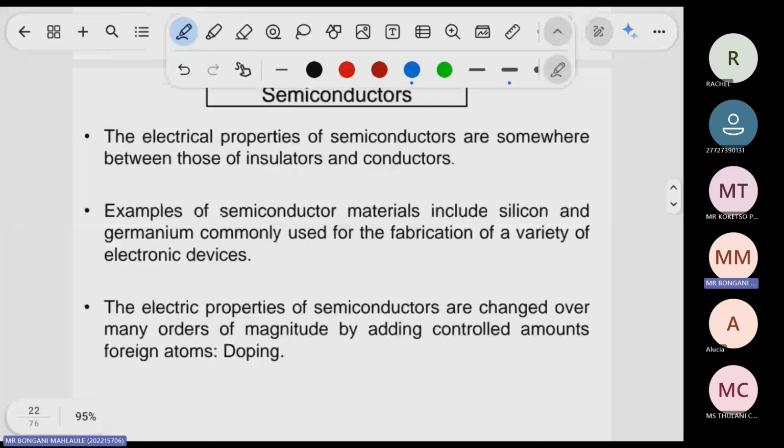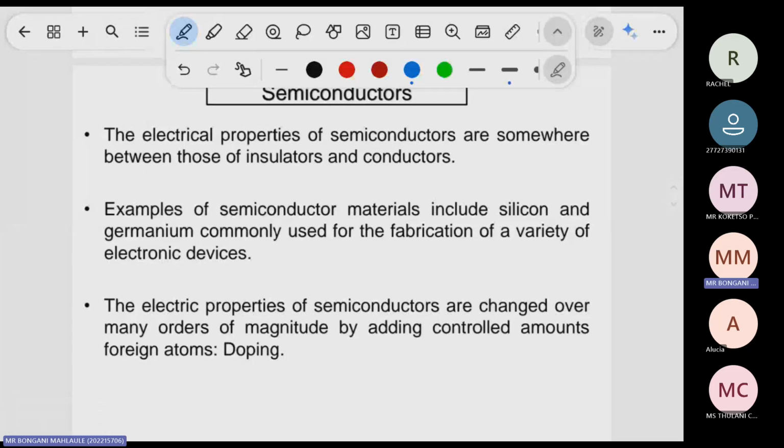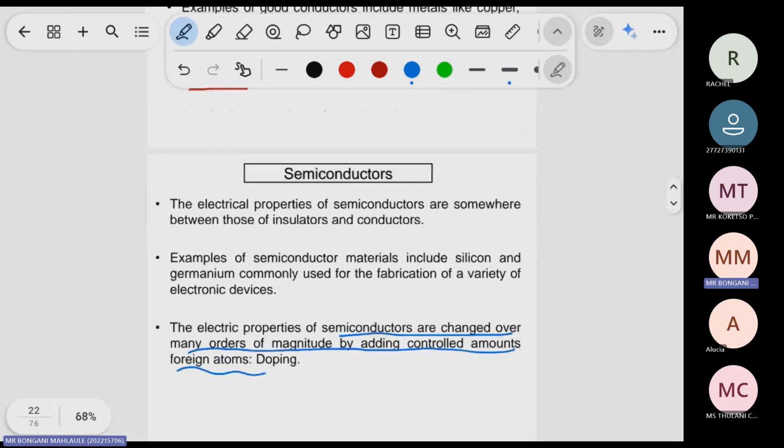Then for semiconductors, they are saying the conductivity can be changed over many orders of magnitude by adding controlled amounts of foreign atoms.